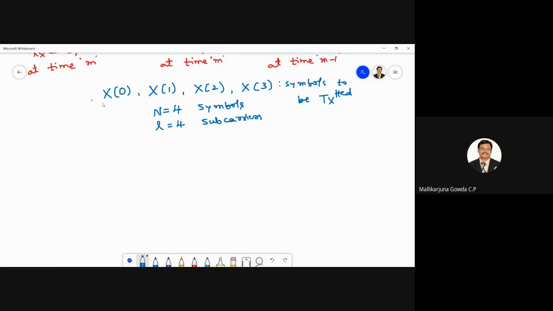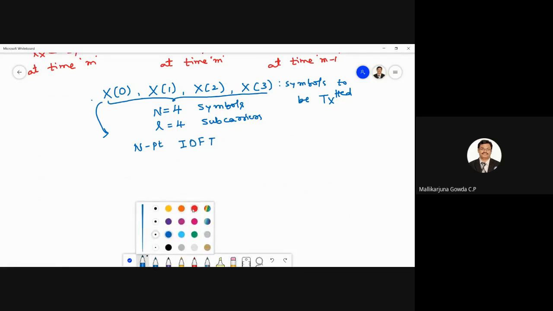So I can say what is the IDFT of these symbols. 4 symbols are there, so the value of n. Usually it's a 4-point DFT, you can say, right? So I have to use n-point IDFT, that is inverse discrete Fourier transform. Since here the value of n can be 4, if I take the IDFT of these 4 symbols, I can write what?